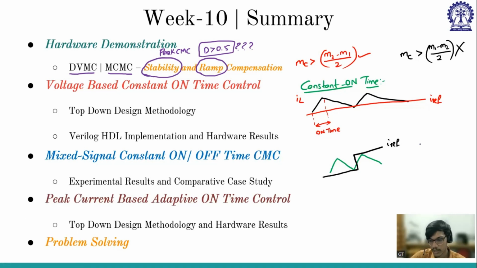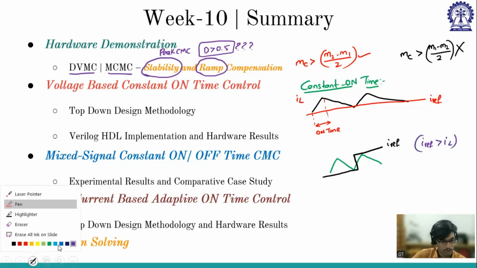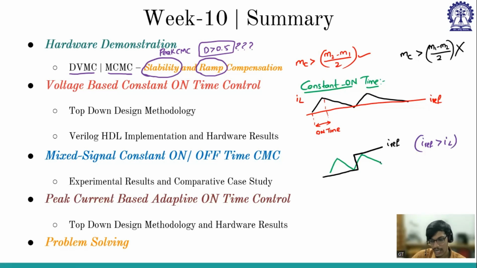Assume that I reference is greater than IL. Now what will my controller do? Until IL hits I reference, it will not turn on. So the converter is doing what? Converter is in off state, say buck converter, right? In the off state, my V0 will discharge, V0 will decrease.